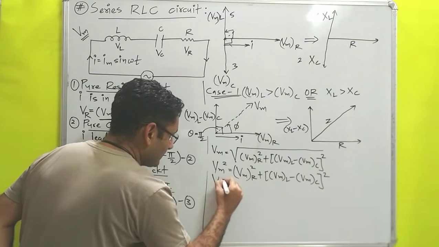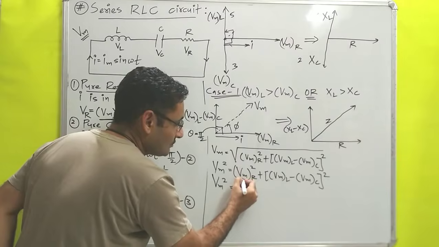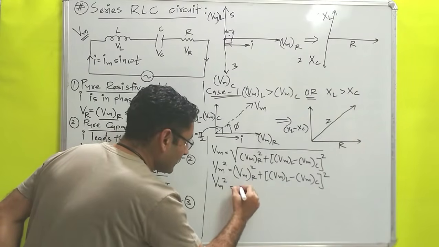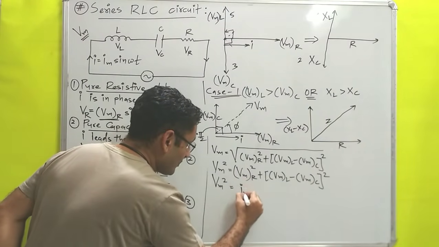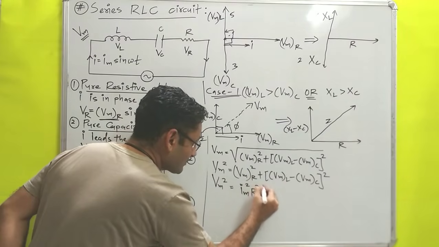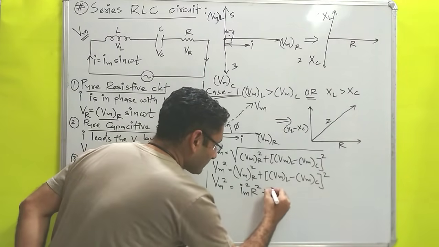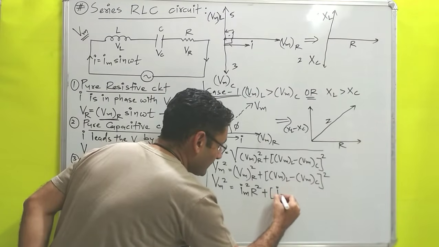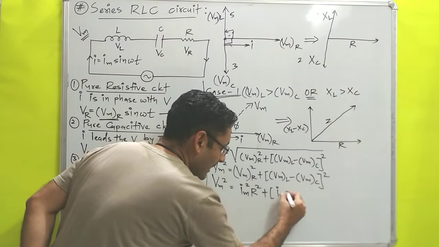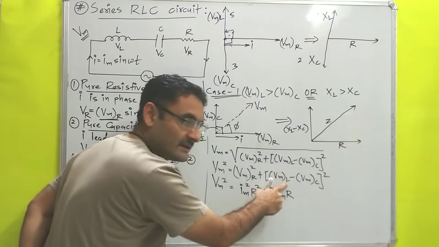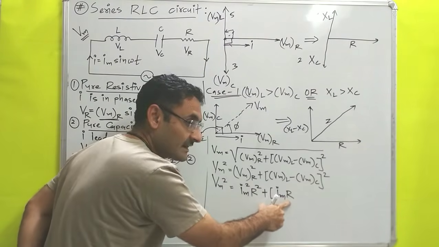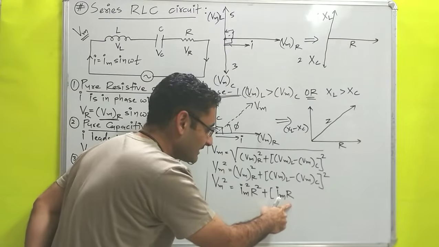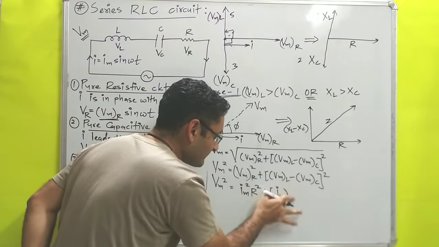So Vm square is equals to, now V is equals to what? IR. So I will write square is there. So Im square R square, okay, plus Vm of L. Vm of L is what? Im R. But in the case of inductor, instead of R we are writing inductive reactance which will behave like a resistance, so which is XL.